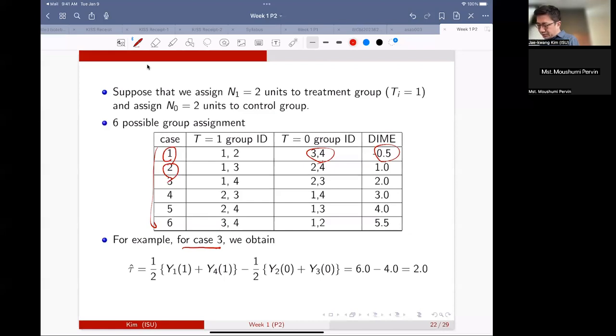So for example, case 3. This is the treatment group mean and this is the control group.